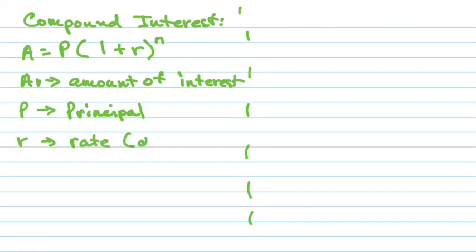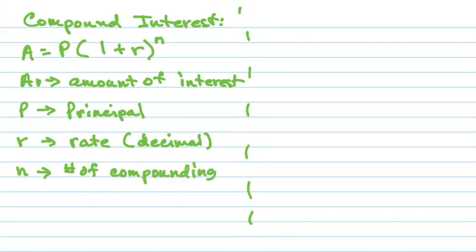And in order to do this, we still want to make sure we're using it as a decimal. And N is the number of compounding periods per year.